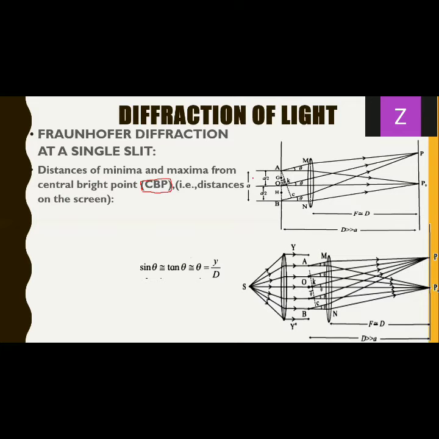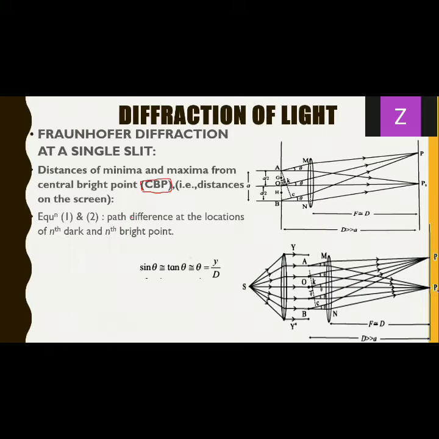Now, using equations 1 and 2, we can write the path difference at locations of nth dark and nth bright point.